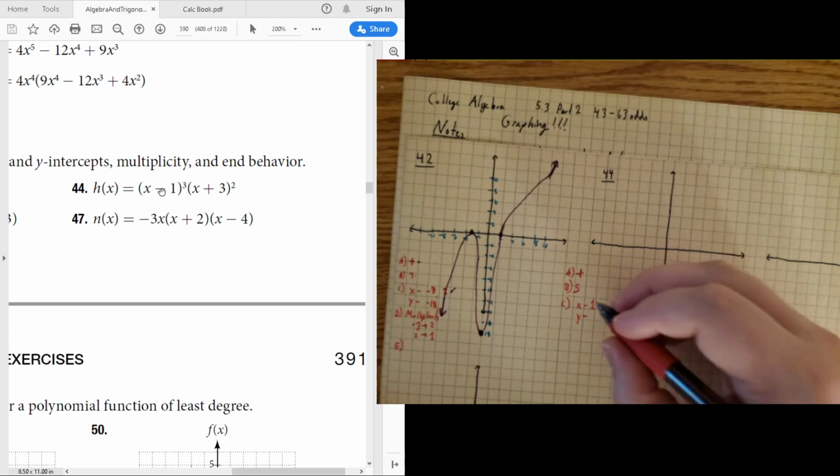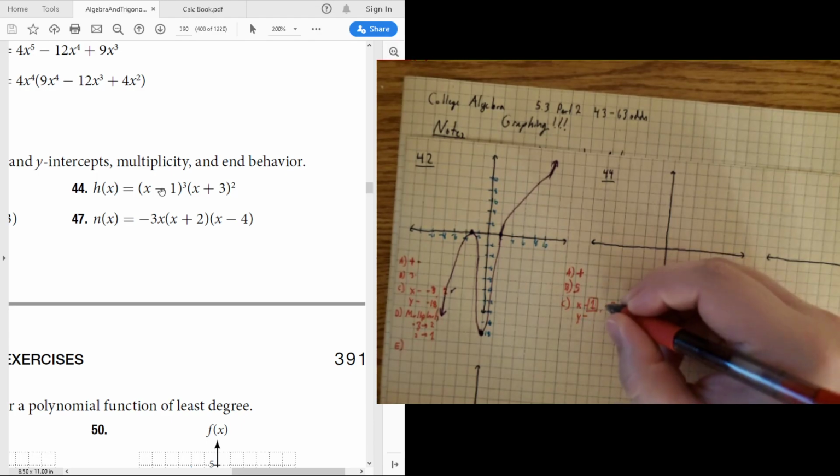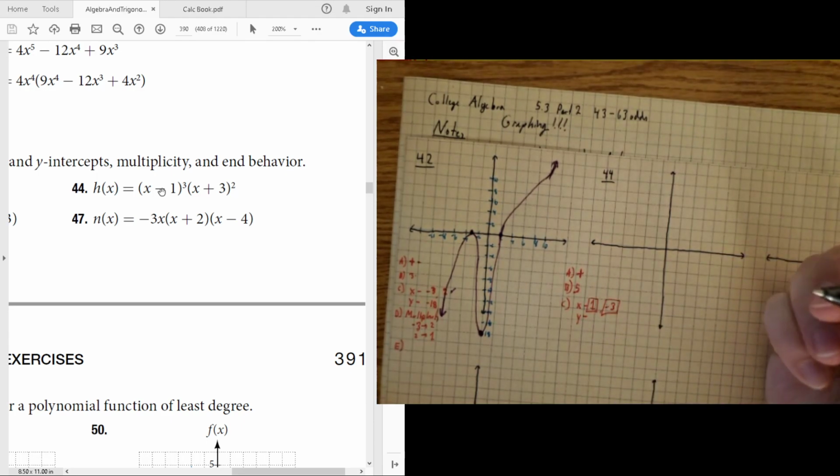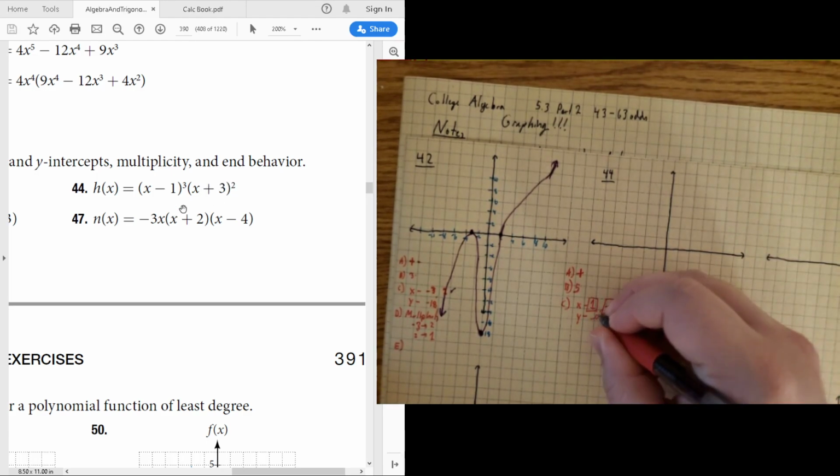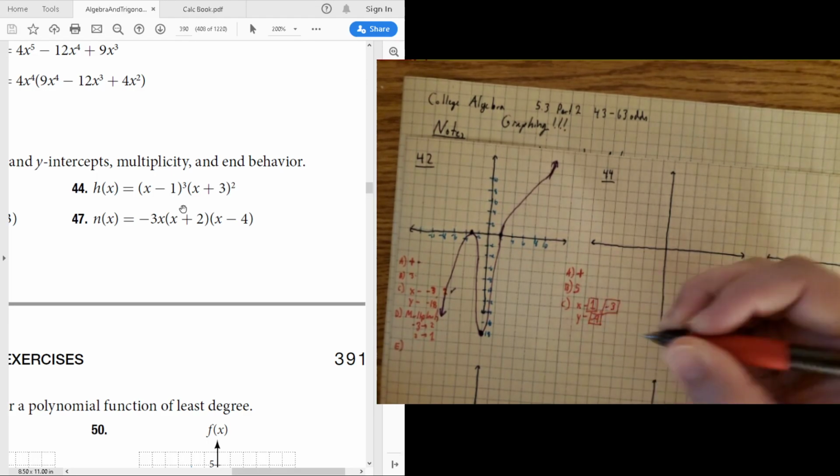When I plug in 0, make sure I don't confuse that with positive and negative. Okay, so 1 and negative 3. With my y, I would end up with, okay, plug in 0, so 0 minus 1 is negative 1. Negative 1 to the 3rd power is negative 1. Plug in 0 here, 0 plus 3 is 3, 3 squared is 9. So I end up with negative 9 as my y-intercept.